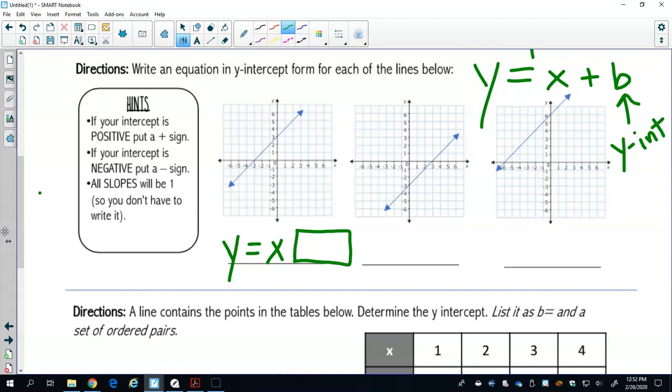So if I look at where the blue line hits my y, it hits it at this number. Is that a +3 or a -3? +3. Positive, so it's going to be x plus 3. That's it. There's nothing in front of the x, and we can verify that our slope is 1 over 1. That's why there's nothing there. We're just adding and using slopes of 1.